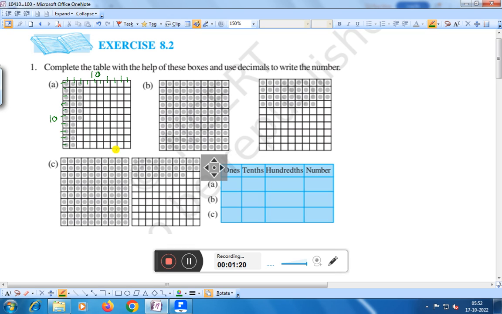That means total boxes, or total squares, is equal to 10 into 10, that is 100 boxes.